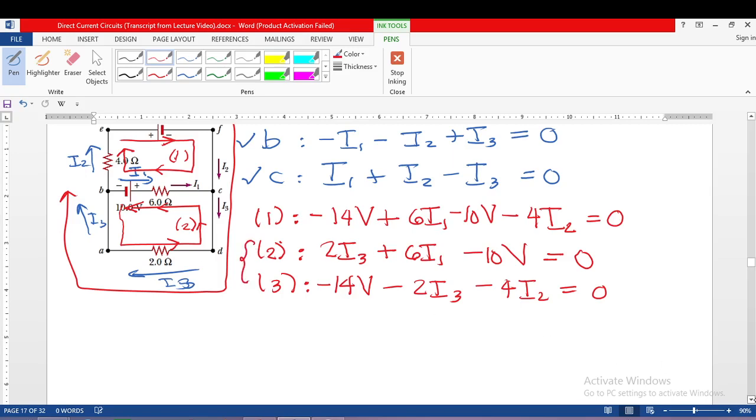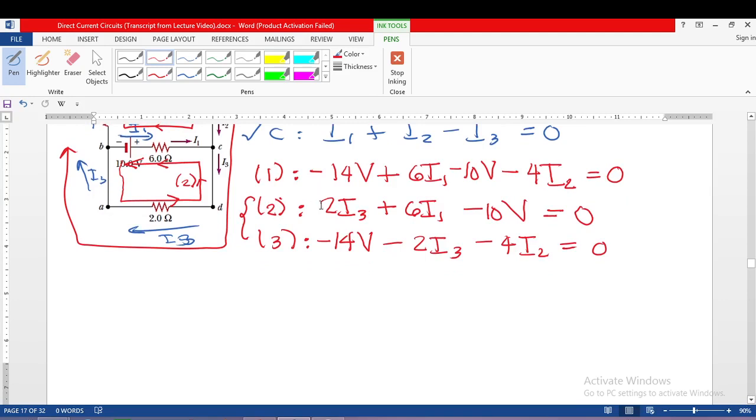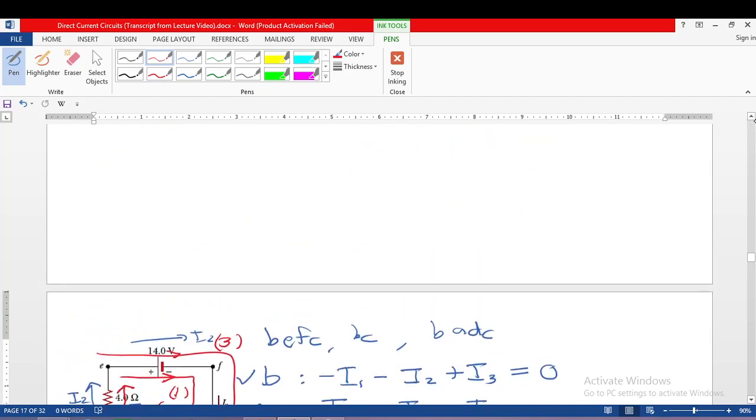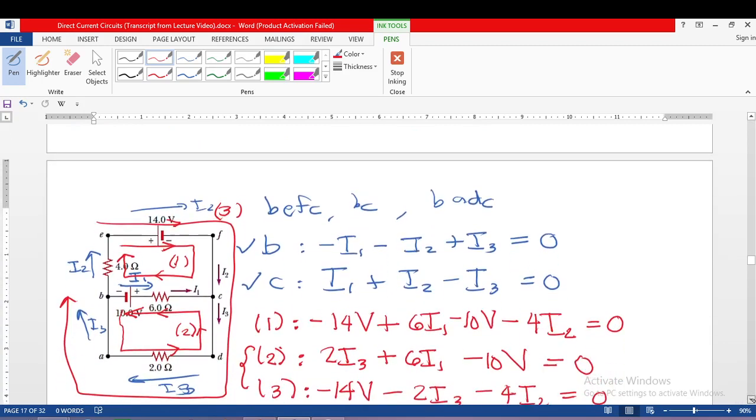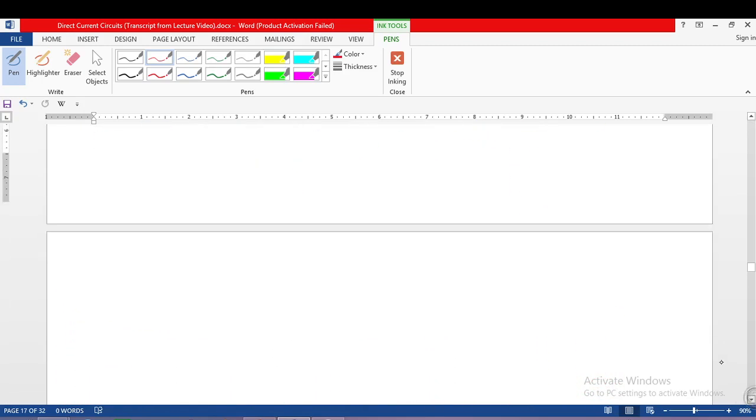I want to eliminate I3 so that only I1 or I2 remains. Can we do that? If we eliminate it, it is the same anyway. Let's try something else. How about we use the junction rule?